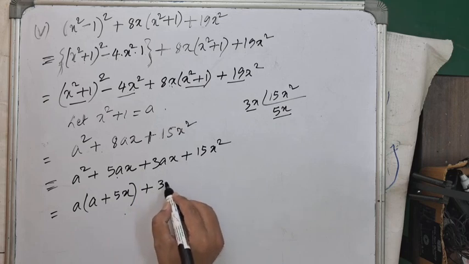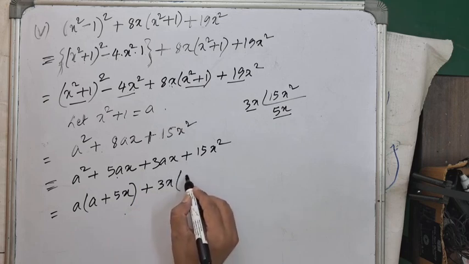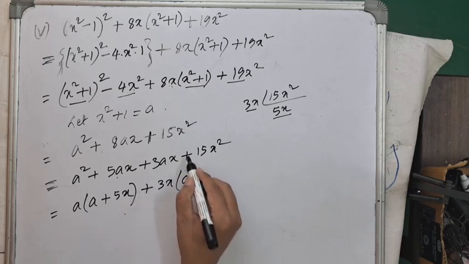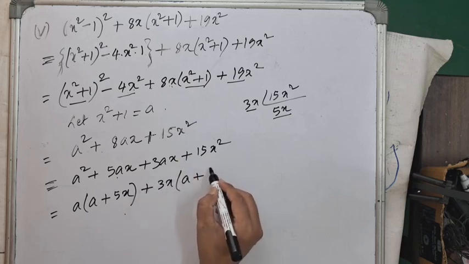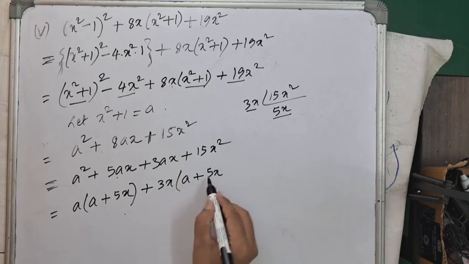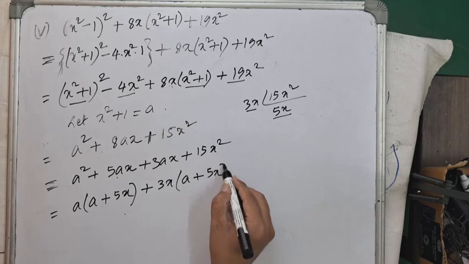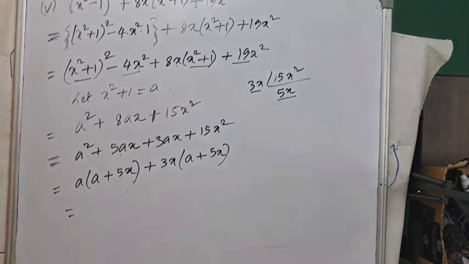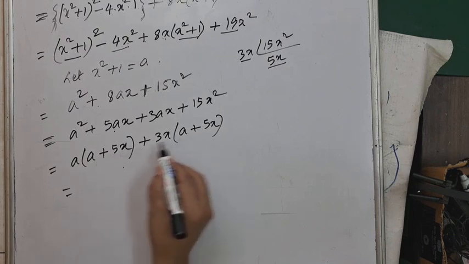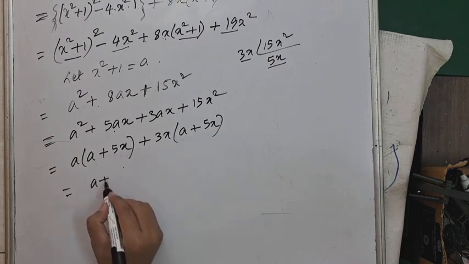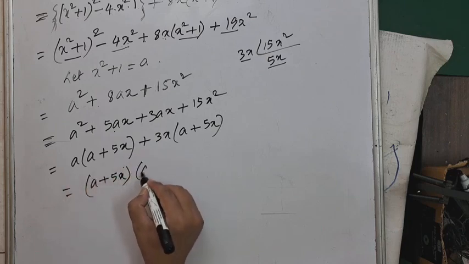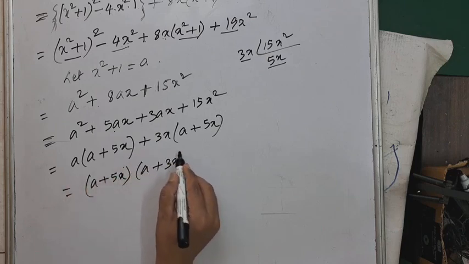So we take 3x common. 3x into a is 3ax, plus into plus is plus, 3x into 5x, 3 5s are 15, x into x is x square. So we have a plus 5x common, so we take a plus 5x common into a plus 3x, isn't it?